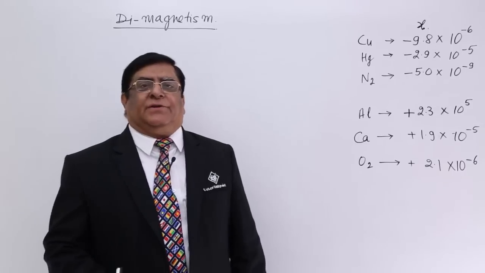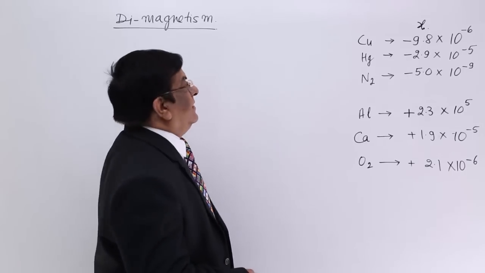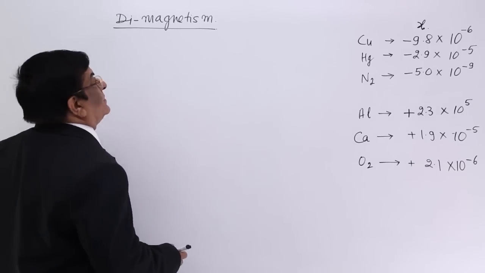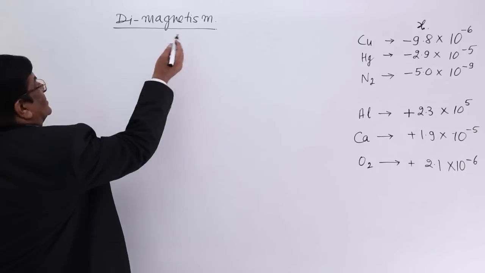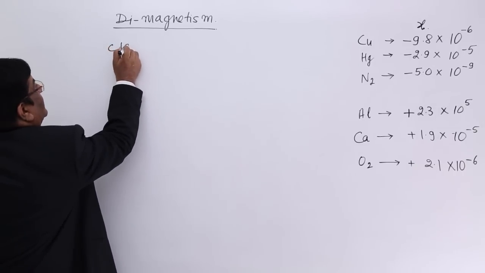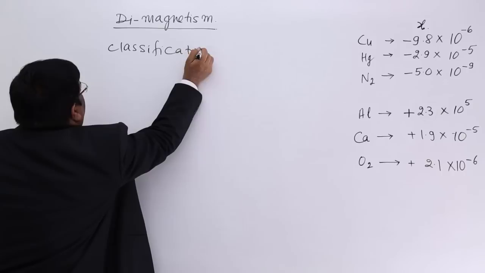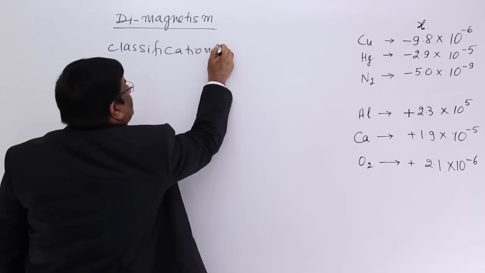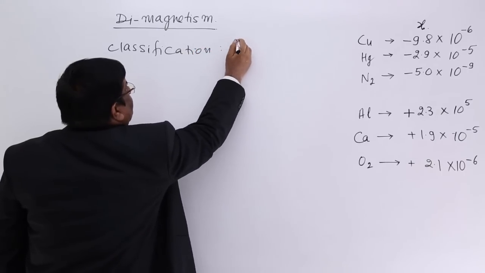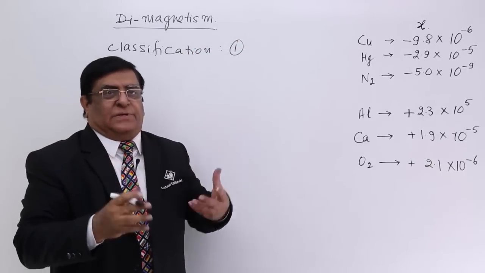Now we are coming to classification of material with reference to magnetization. There are three types of material, three categories of material.